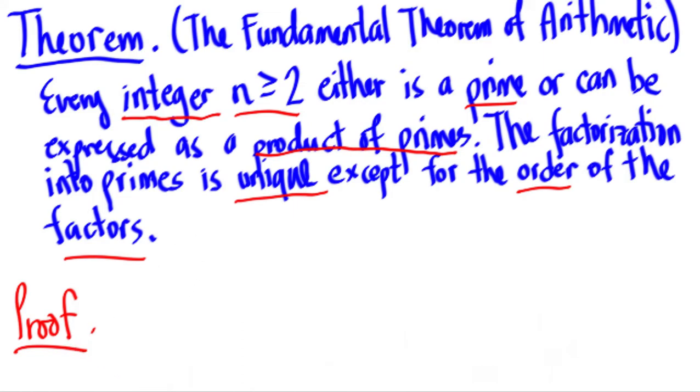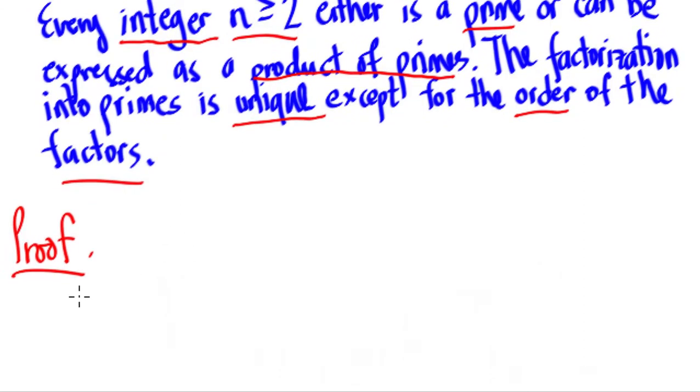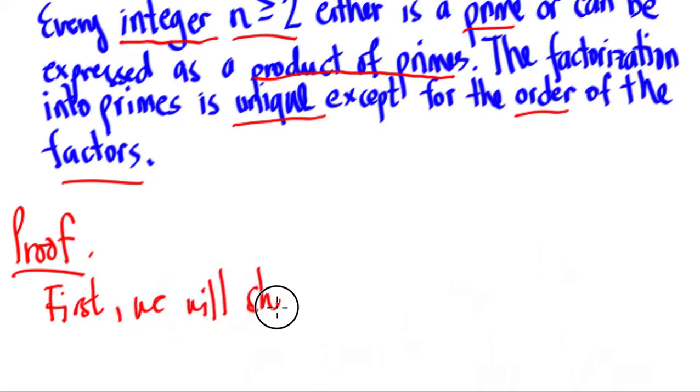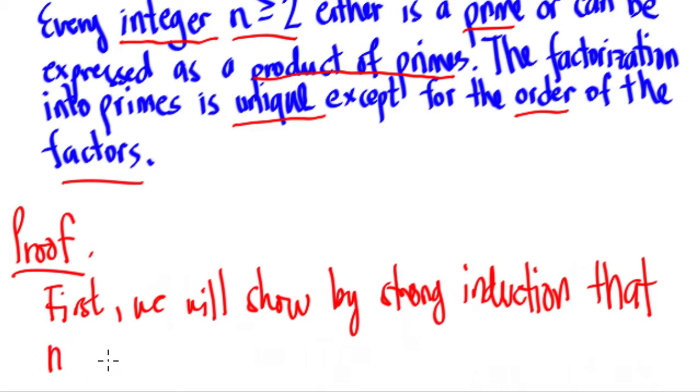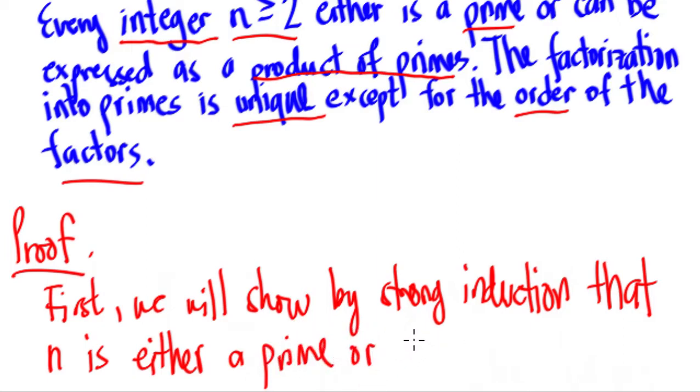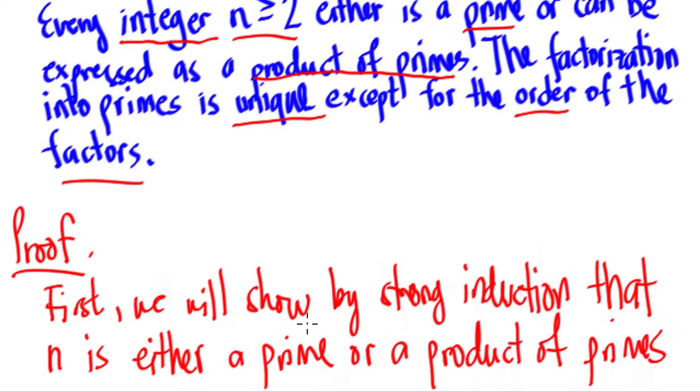First, we will show by strong induction that n is either a prime or a product of primes, and we must know that n is greater than or equal to 2.